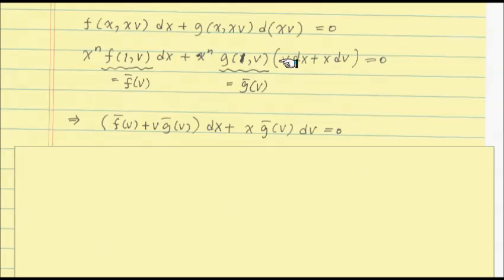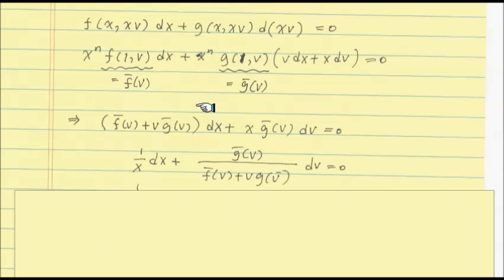Here's dx, they have v and g bar of v, so v times g bar of v. And this is the only term that has dv in it, so it's x times g bar of v. So we're almost done. This is one variable, and that's one variable, and multiplied by one variable, so it's easy to separate. If it's addition, we're again in trouble, but it's multiplied.